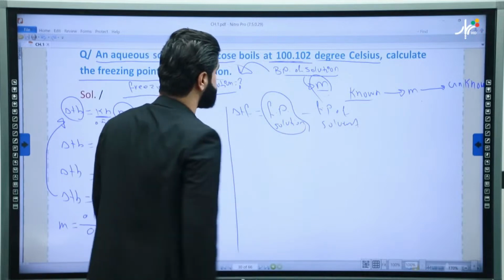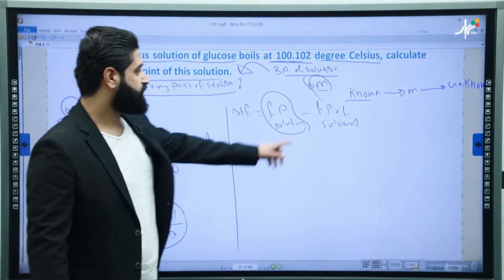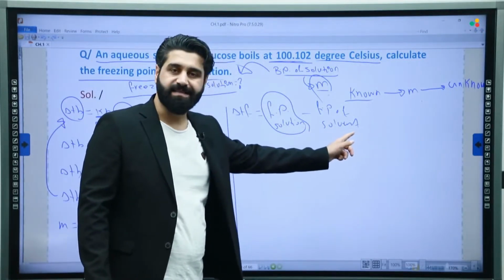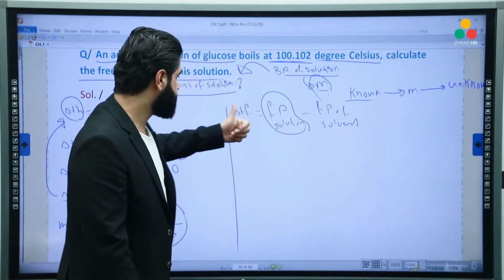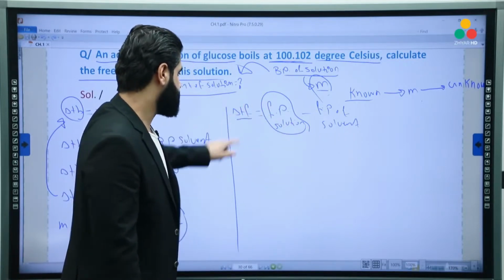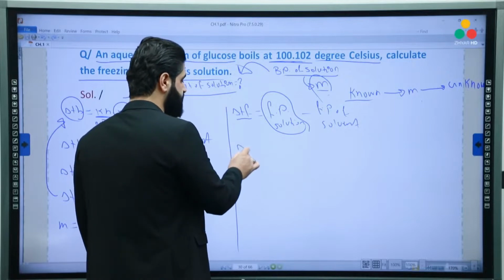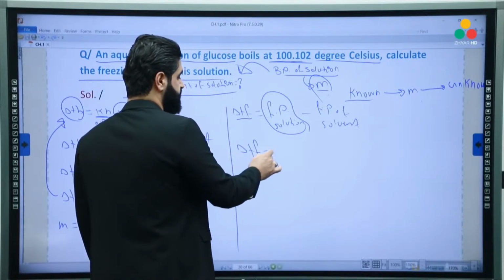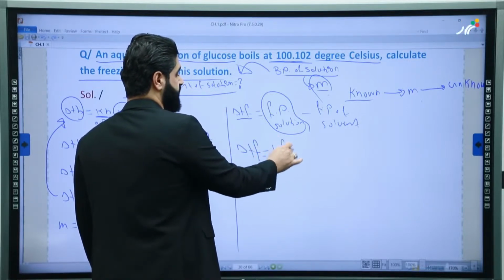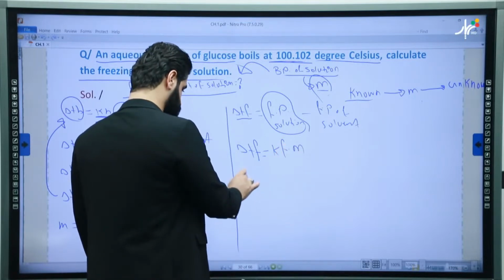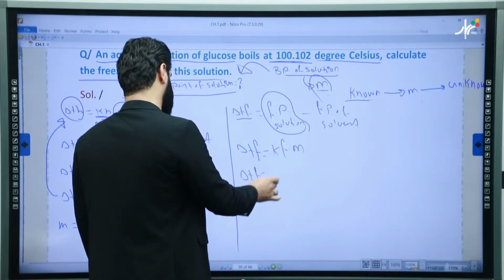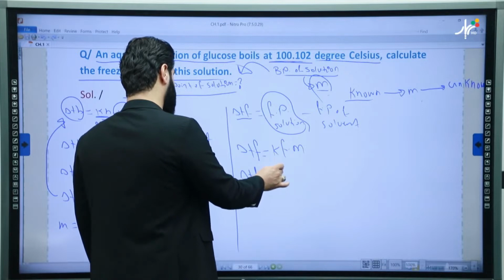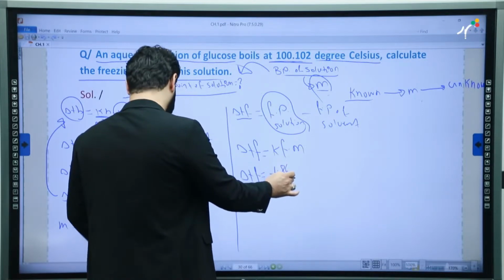Look, I'm looking for freezing point of solution. So freezing point of solvent is 0 Celsius degree because it's water. Delta TF, we don't have delta TF, so I have to get the value of delta TF. Delta TF is equal to Kf times molality. Delta TF equals Kf, negative 1.86, times molality, 0.2.